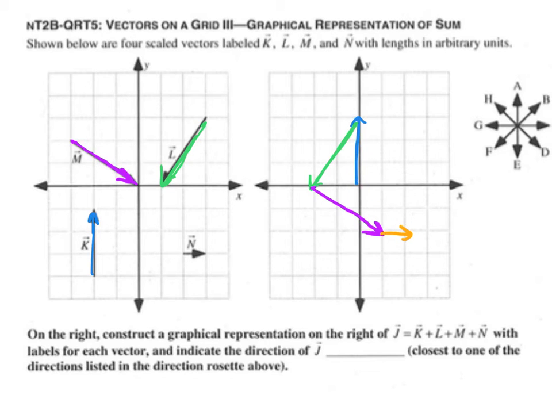So this needs to be my vector. So my sum is this. And we can see over here that that is very clearly D more than anything else. So this should have been D.